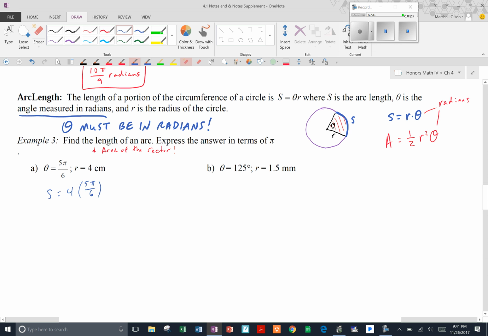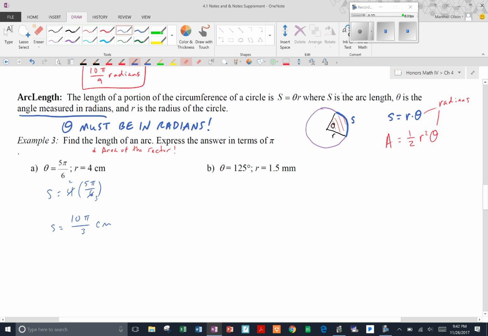It'll give us the arc length. Arc length is going to be in the same units that our radius is in, so it's going to be in centimeters here when we're done. I could simplify between the 4 and the 6, 2 and 3. And so what we end up getting is 2 times 5, or 10 pi over 3 centimeters. That's the length of that arc.